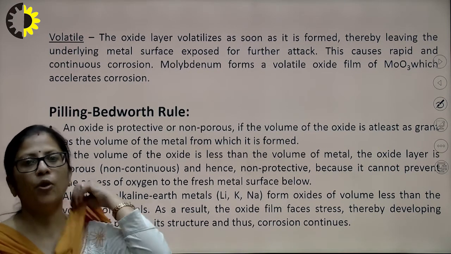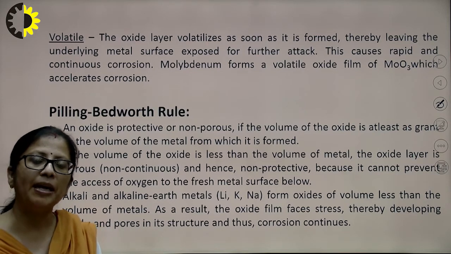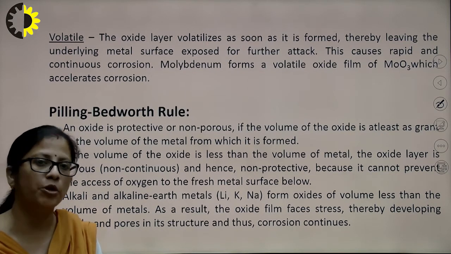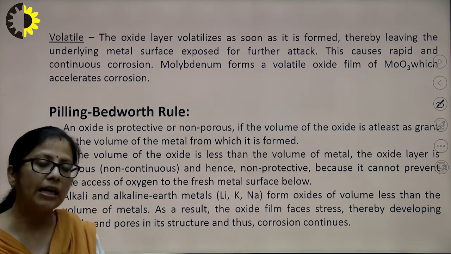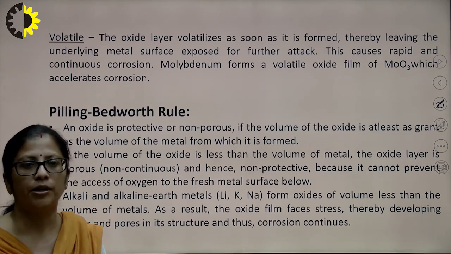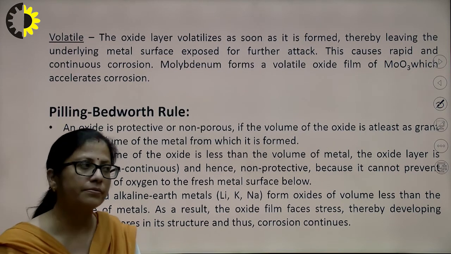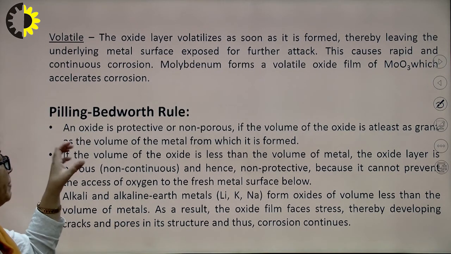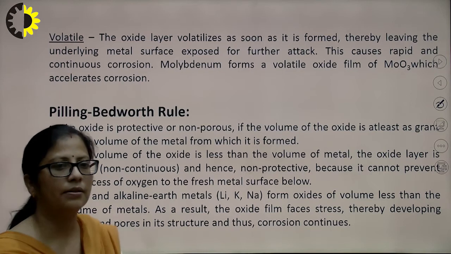So, there are 4 different types of layers, and depending upon which layer is formed on the metal, that layer will decide whether further oxidation will take place or not. Now, coming to the Pilling-Wedworth rule.